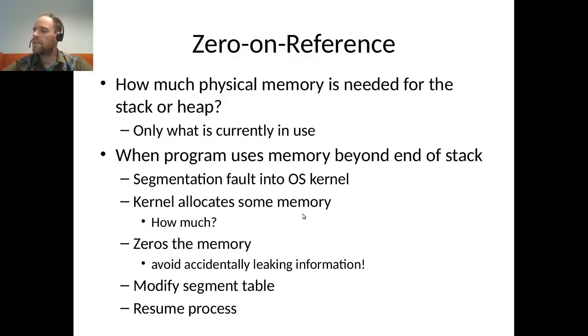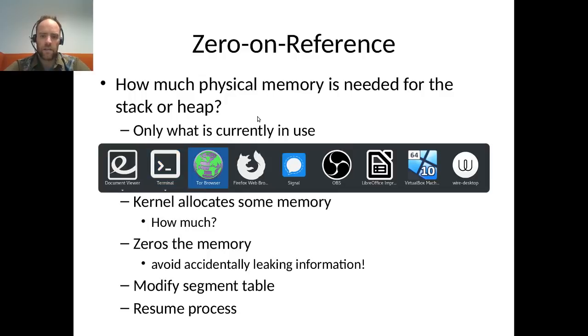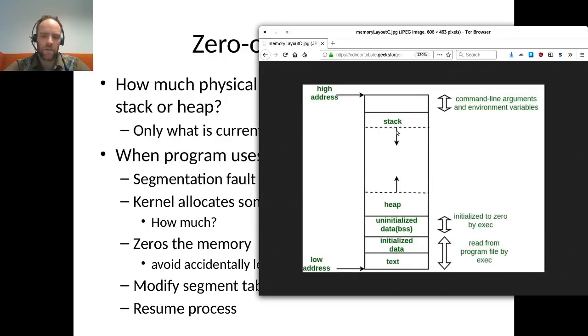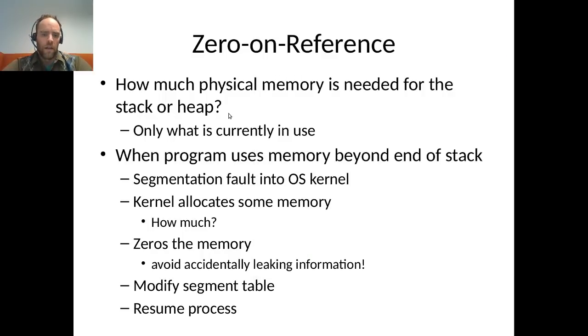We also have the idea of a zero on reference, and that is the case where we don't actually know how much physical memory is needed for the stack or the heap in advance. So it can grow. We see here our stack and our heap can grow as the process proceeds. So we only use what's currently needed.